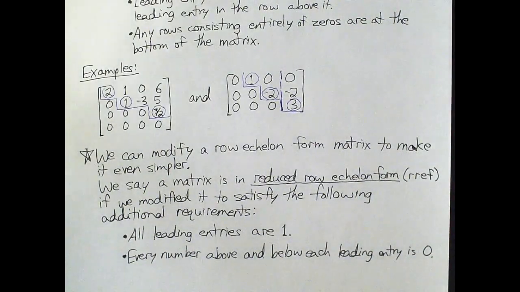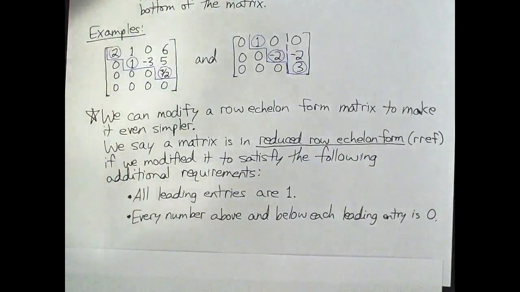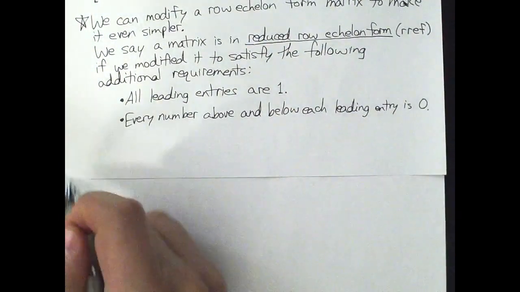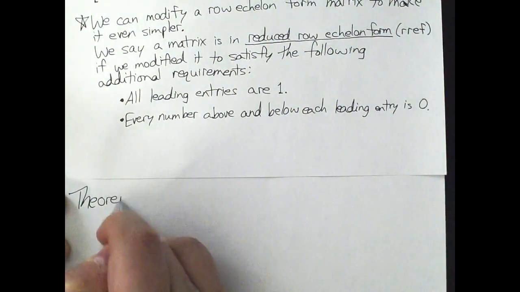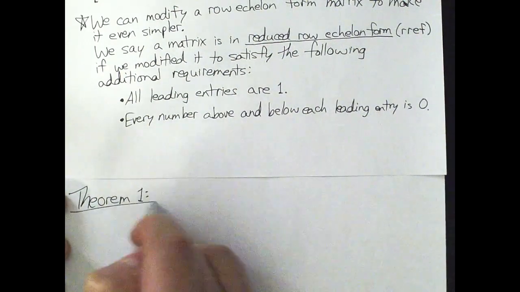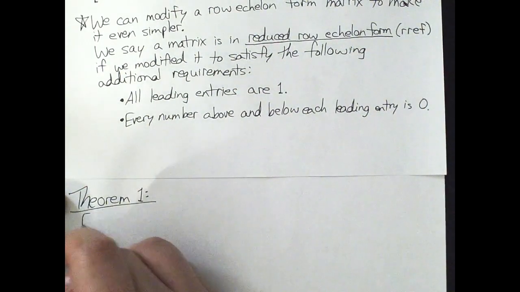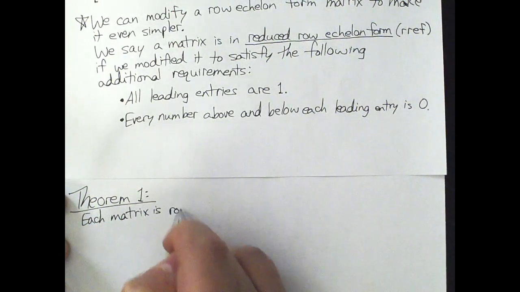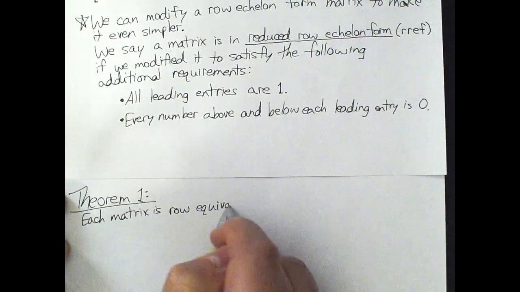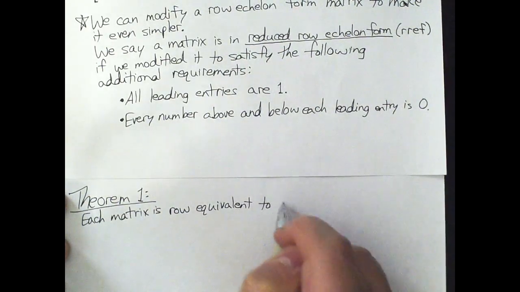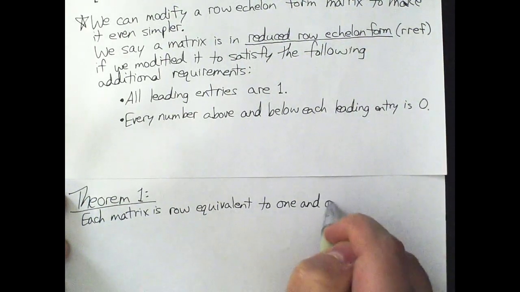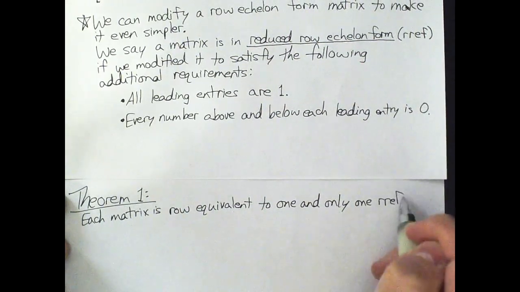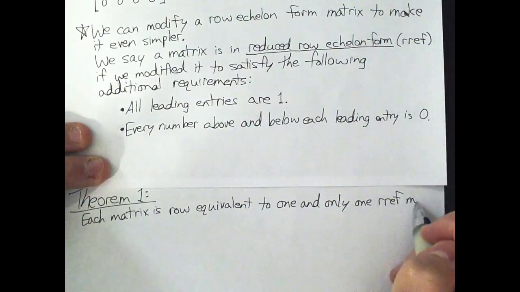And this is going to be our first theorem of the semester, which is appropriately titled Theorem 1. And it says, each matrix is row equivalent to one and only one reduced row echelon form matrix.